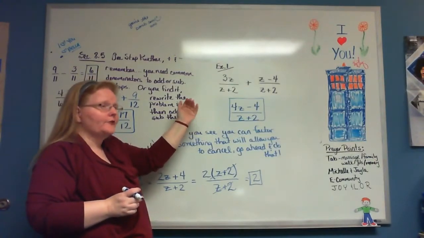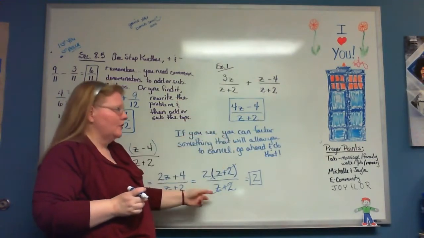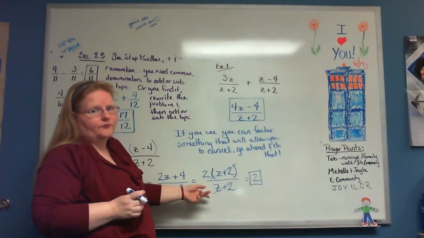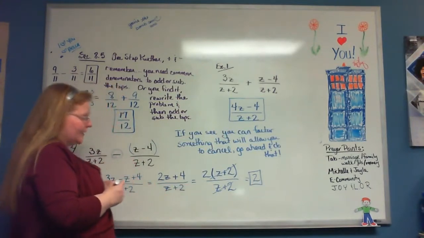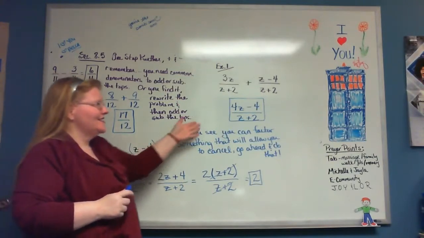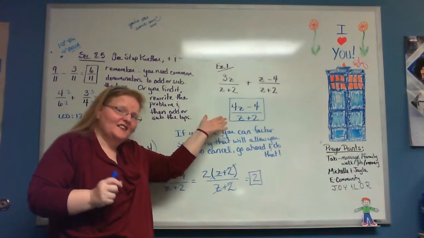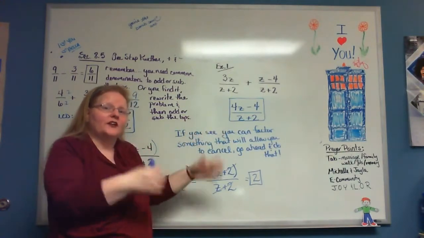It's always better to factor even if it doesn't help than to not factor when it would help. So when in doubt, go ahead and factor it out. But if you can see it's not going to get you anywhere, don't waste your time.